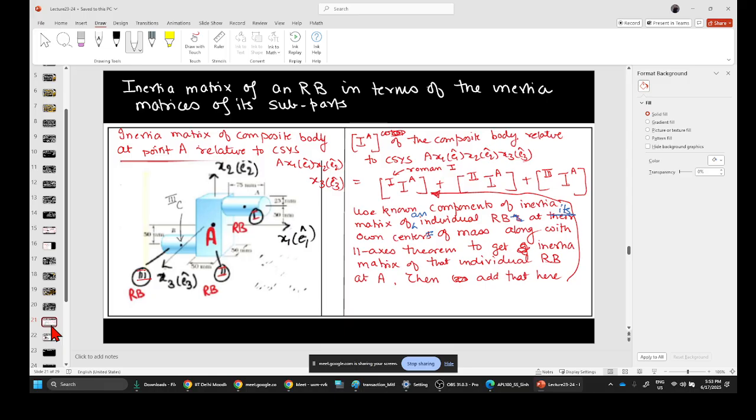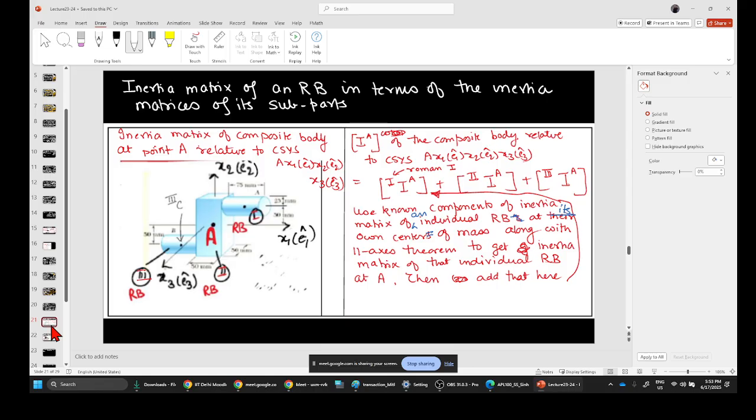If your RB is comprised of smaller subparts, and you know the locations of the centers of mass of those individual parts, you can assemble things together and find the center of mass of the entire RB, that composite RB, which is comprised of smaller subparts. A similar concept is here for the inertia matrix.